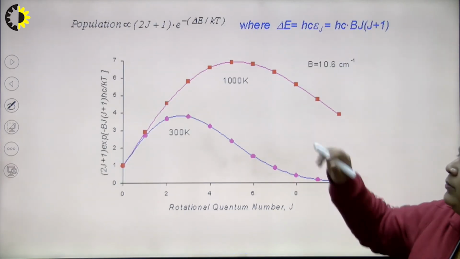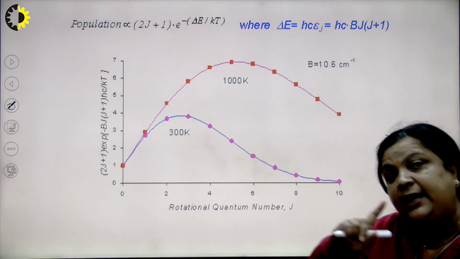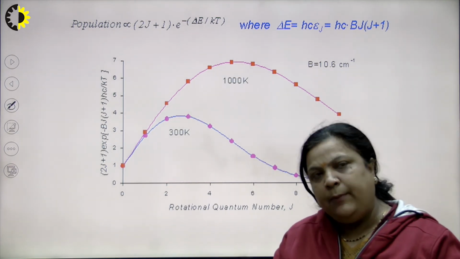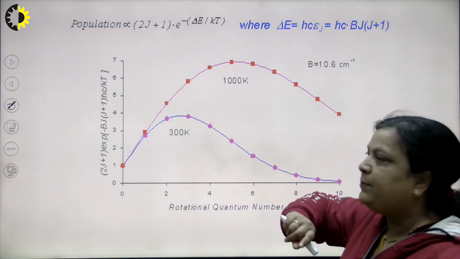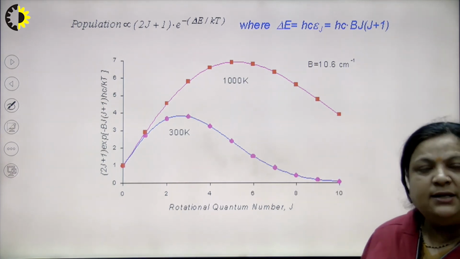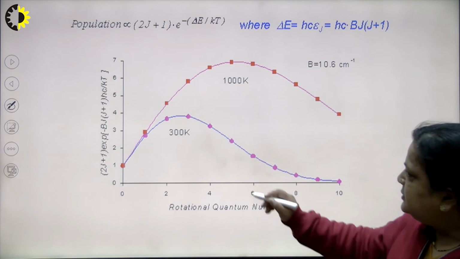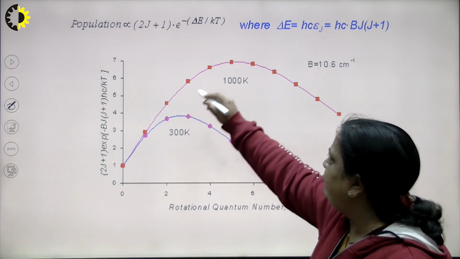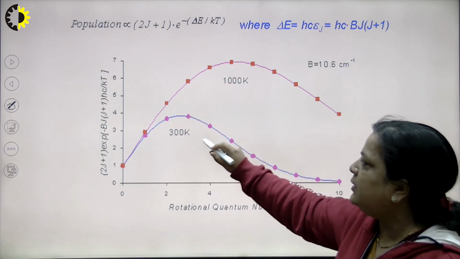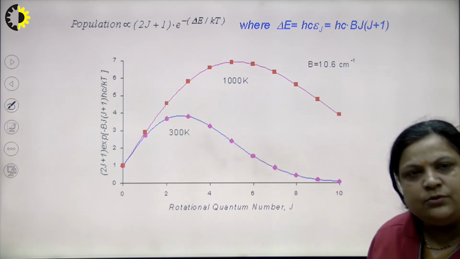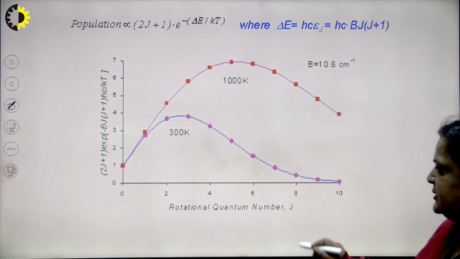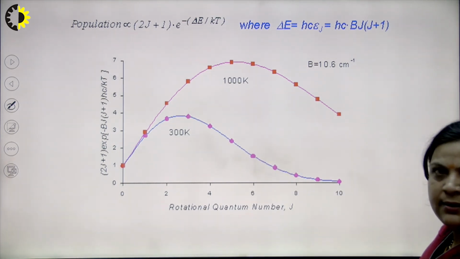So, the formula: intensity is directly proportional to population, and population is directly proportional to 2j plus 1 e raised to the power minus energy for rotation divided by kT. So, here we get this type of plot at two different temperatures, 300 and 1000 Kelvin. This is basically for HCl.